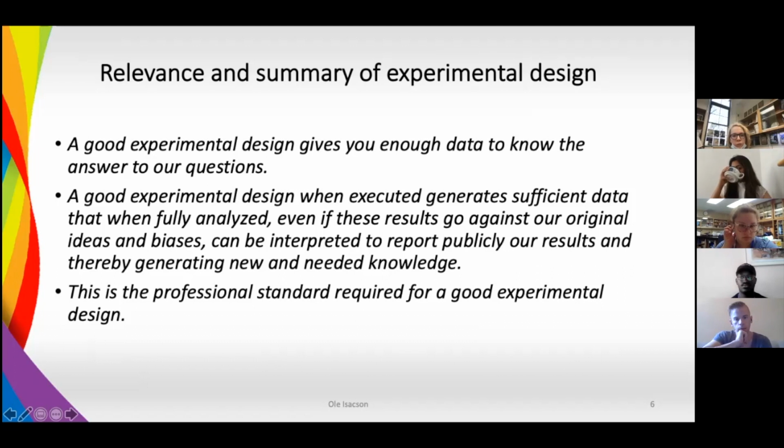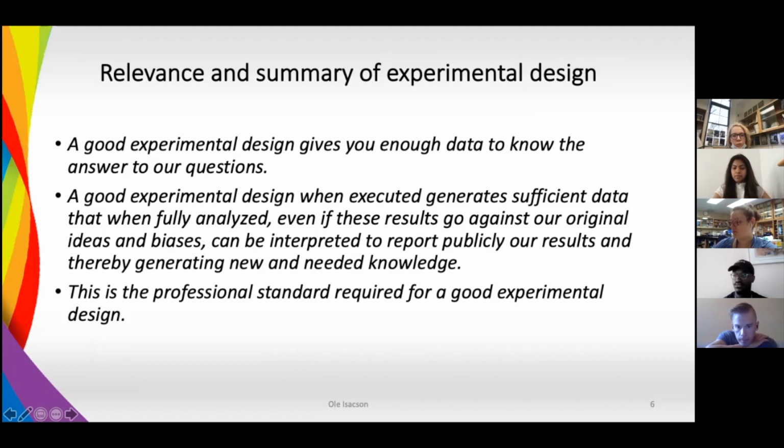And even if these results go against our original ideas and biases, everybody has biases, they can be interpreted, remember, to report publicly, and that's always been done in science. People write to each other, even letters, the result, and thereby generate new and needed knowledge, which becomes the current belief system, right?